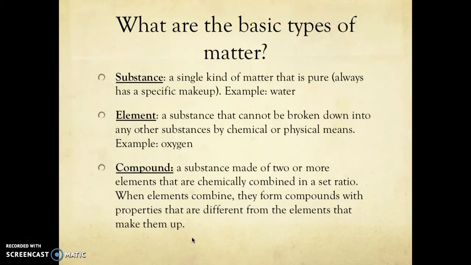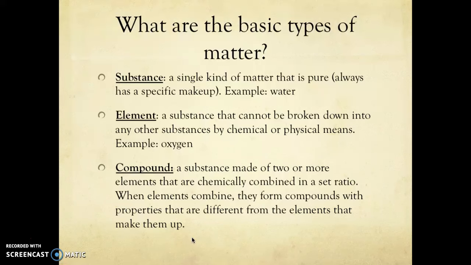So anyways, basic types of matter. A substance is a single kind of matter that is pure. And when we say pure, we mean that it has a specific chemical makeup to it. So for example, water. And I'm going to use this example a lot in these notes.